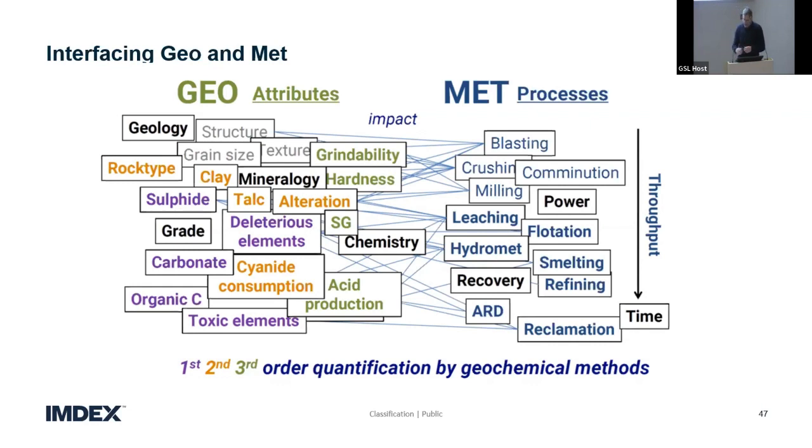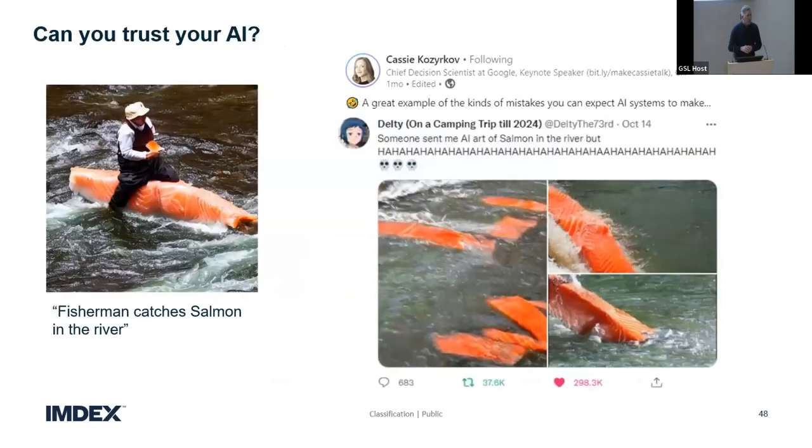Now, I will just say right up front that it's not all sweetness and lights. You know, this is a good example of what you get out of AI. If you don't understand what you're doing, the computer will give you back the right answer. Fisherman catches salmon in the river, right? That's what the AI art algorithm gave.